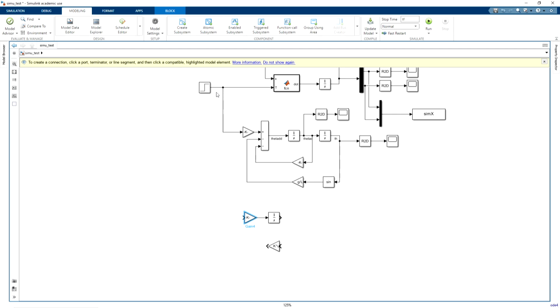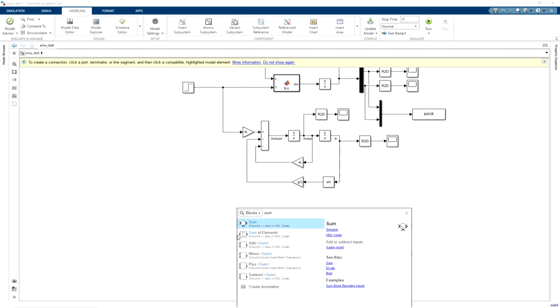I'll just use the same torque here. Here we need to add the summing block.